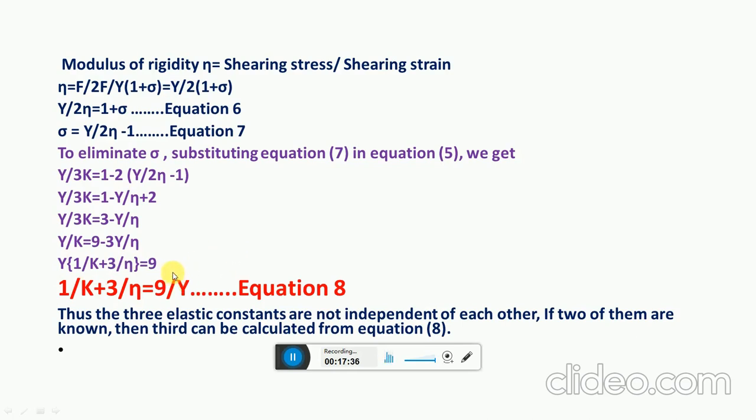Rearranging and simplifying this equation, we have 1 upon K plus 3 upon eta is equal to 9 upon Y, and this equation gives the relation between all three types of modulus: Young's modulus, bulk modulus, and modulus of rigidity. If we know the values of two moduli, we can calculate the third from this equation, and this equation plays an important role in the properties of matter.